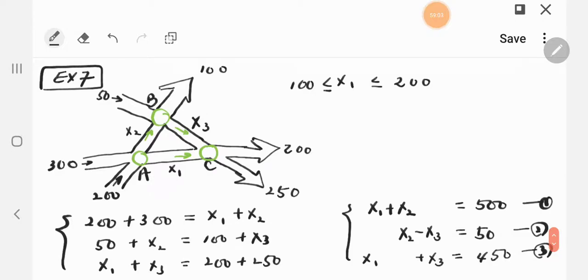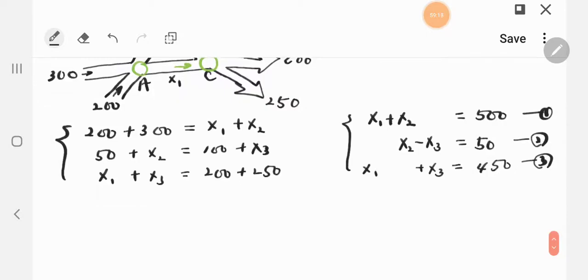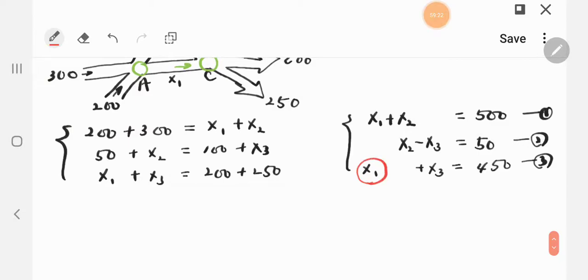Based on these numbers, we will find the range for the number of cars from A to B and B to C, so x2 and x3. Let's use the first equation to get rid of x1 from the third equation. So what we can do is multiply the first equation by negative 1 and add it to the third equation.